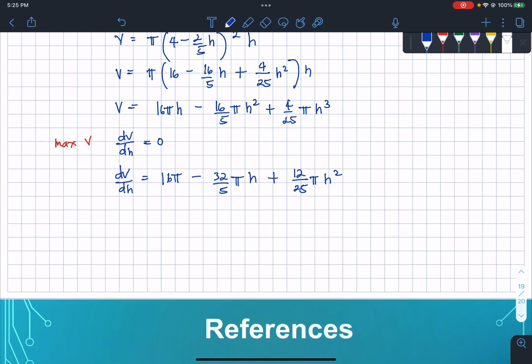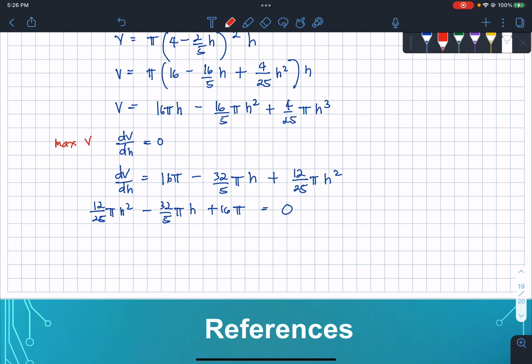Then we equate this one to 0. So we'll just have, unahin ko na siya, 12 over 25 pi h squared. Then minus 32 all over 5 pi h. Then plus 16 pi. So equals to 0. So ngayon, we could just use quadratic formula, no?